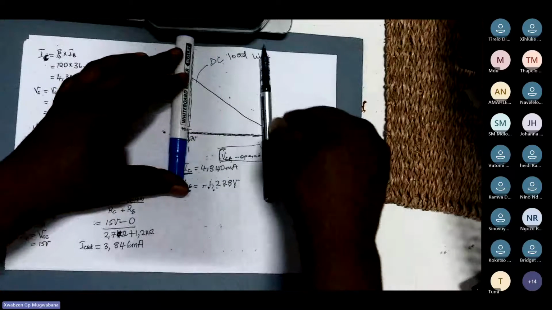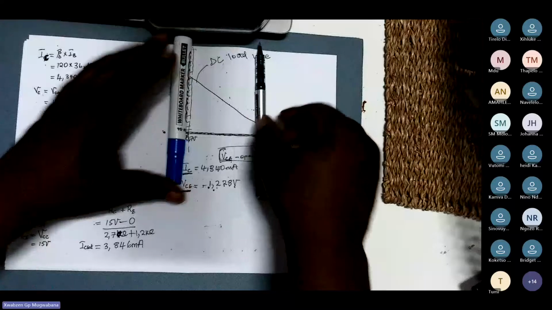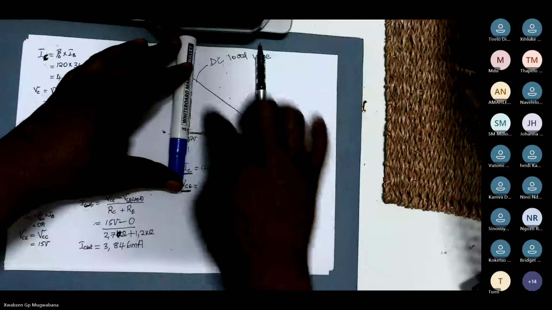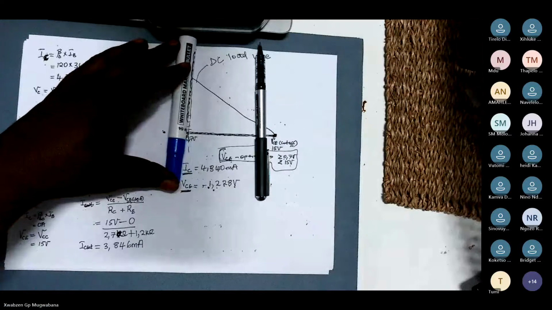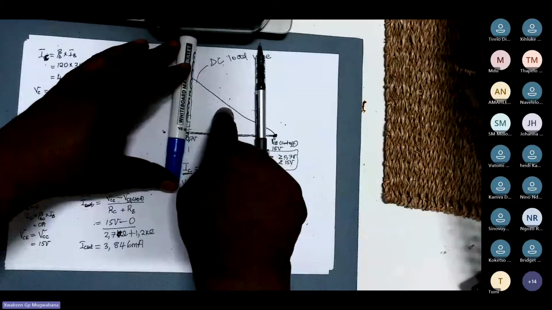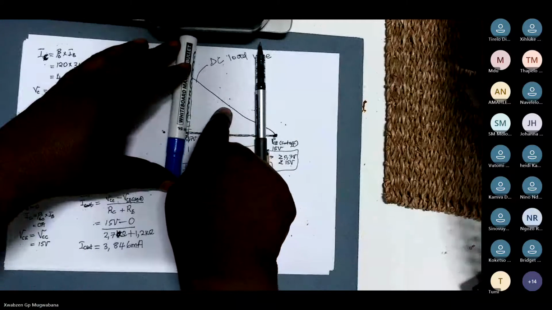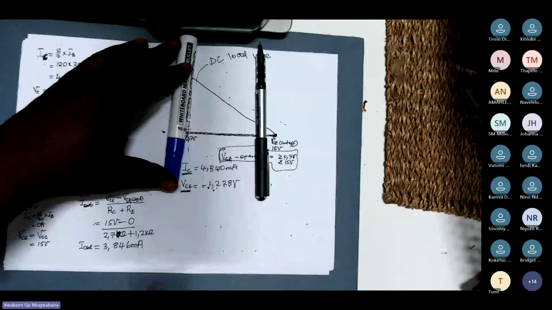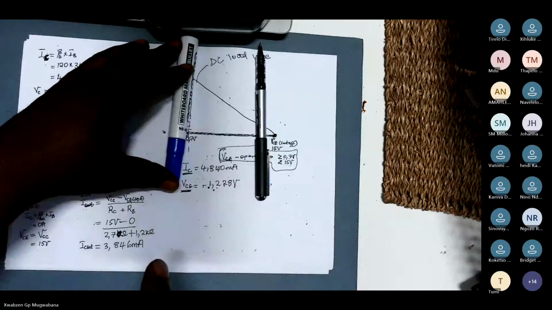That is where you want your transistor to work, because this is where the active region is. Can you see? Are we together on that part? Yes, sir.